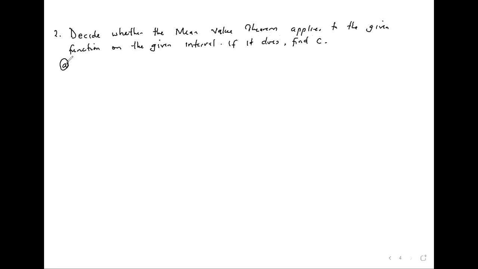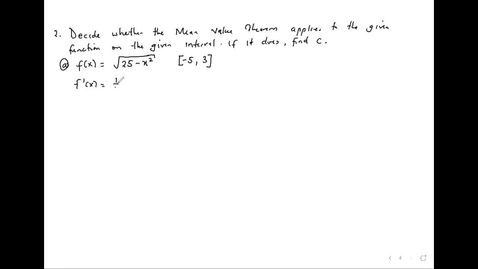Part A, f of x is equal to the square root of 25 minus x squared, from -5 to +3. So let's check. The first thing you check here is if you can get the derivative.